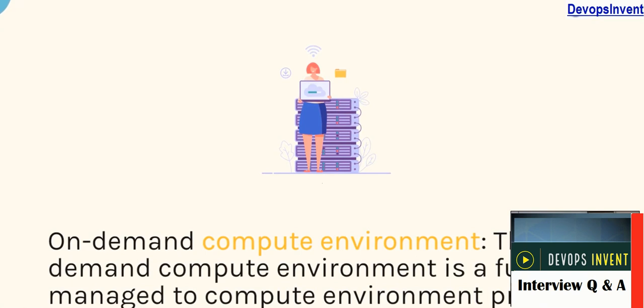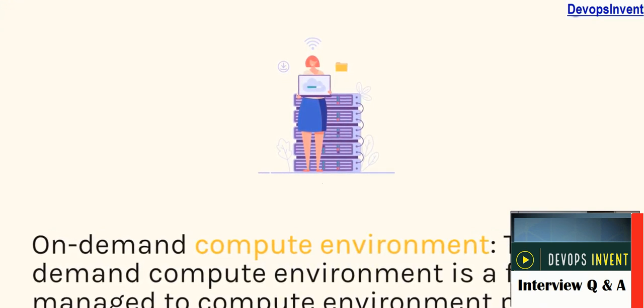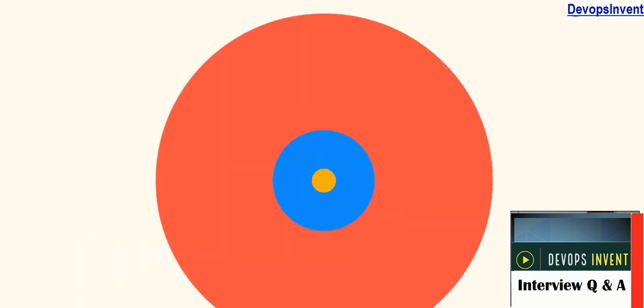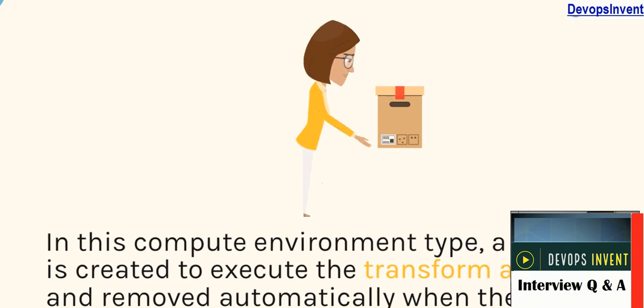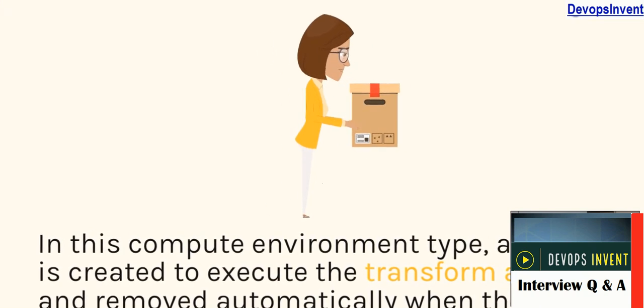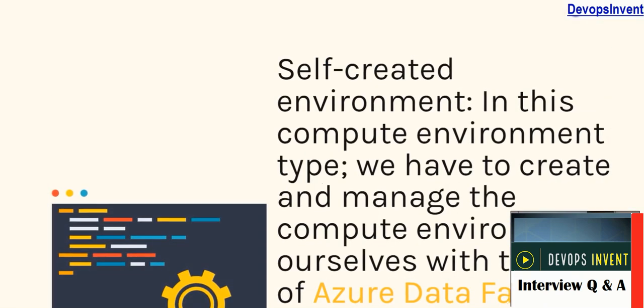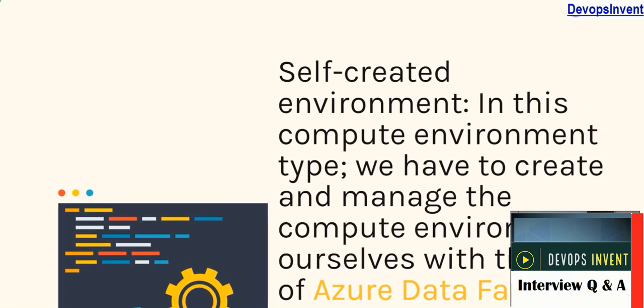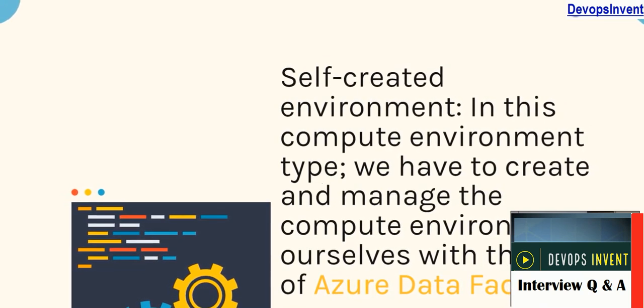The on-demand compute environment is a fully managed compute environment provided by Azure Data Factory. In this compute environment type, a cluster is created to execute the transform activity and removed automatically when the activity is completed. Self-created environment. In this compute environment type, we have to create and manage the compute environment ourselves with the help of Azure Data Factory.